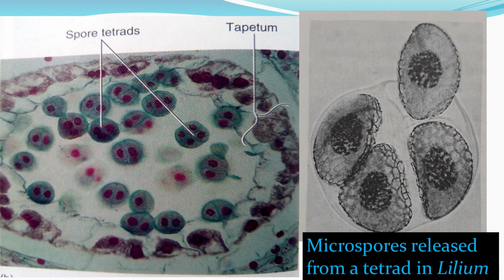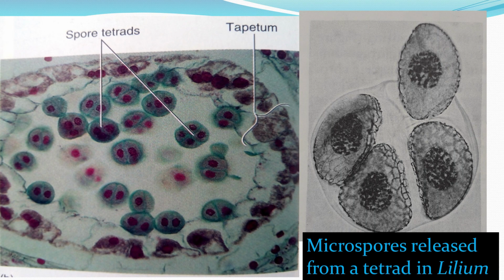That may be 2-celled initially and subsequently a 3-celled structure. So, a matured pollen grain is a 3-celled structure, and in that matured pollen grain we will have 2 sperms, male gametes. That is why the pollen grain is the male gametophyte, and formation of microspore from the microsporocyte or microspore mother cell by way of meiosis is microsporogenesis.